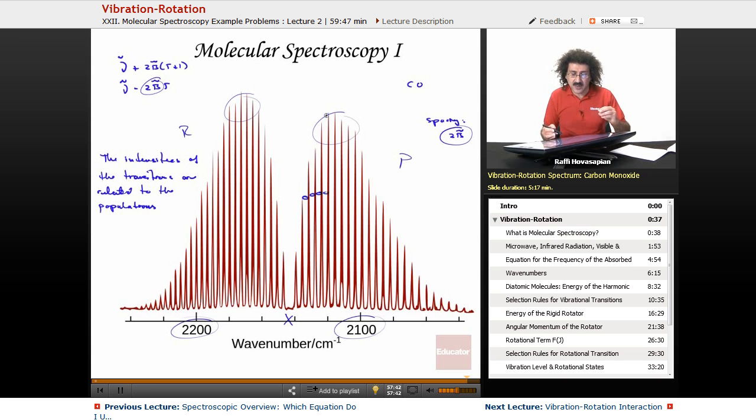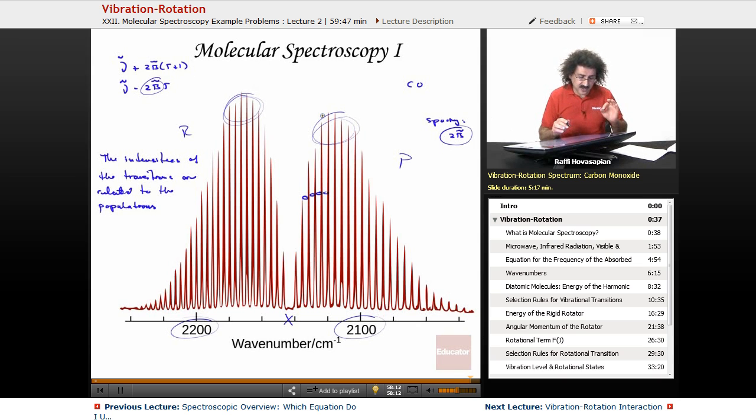That tells us that the rotational levels 2, 3, 4 are the most highly populated at normal temperatures. Most molecules are not in their 0, 1, 2 rotational states at room temperature. Most of them tend to be in the 3, 4, 5 rotational states. That's where most of the molecules are. Therefore, the transitions that take place have higher intensity.